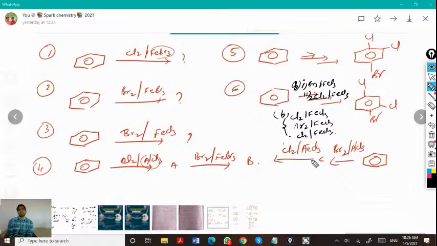Okay, so it's just a thought process. If you are able to think directly and write the product, that would be very good practice for your examination. So try to get habituated with the directing nature, so that you can make the products very easily.